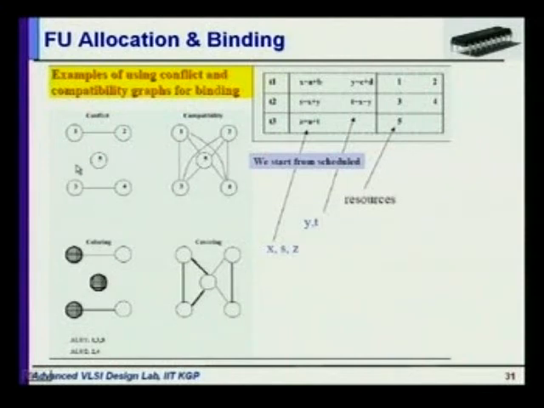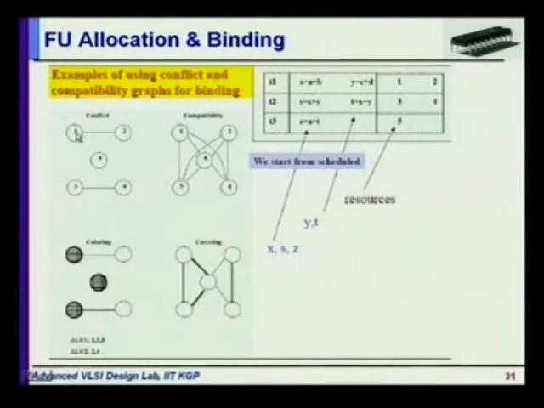Our objective is to map the function units, so that we know which operations can be executed in the same function unit. That is your objective in this phase, and this problem can be mapped to the graph coloring problem. For example, here you have this node.